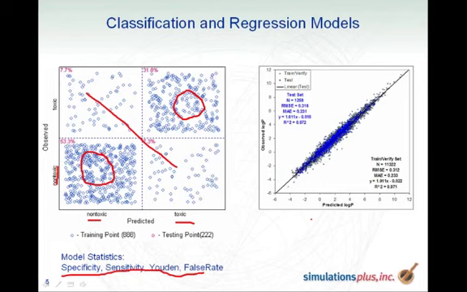Then over on the right-hand side is an illustration of a regression model. This is probably more common to most people, where you have experimental values and you're simply trying to create a model to predict their activities. In this case, a log P, so it's a physicochemical type property.